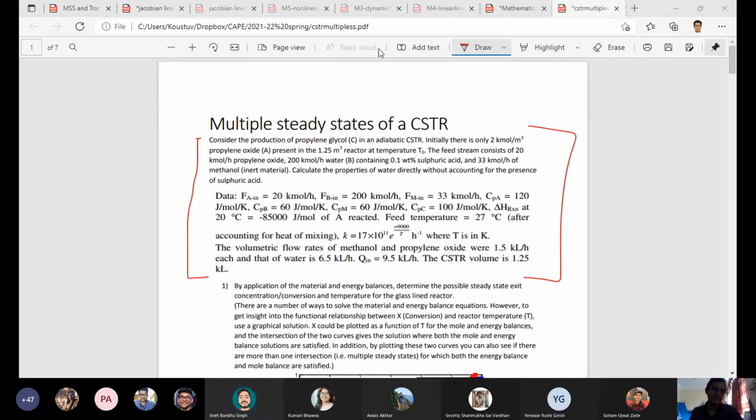Okay, go through it. I must reiterate again that it is an important topic which you should learn at this stage. I have typically seen that this concept of multiple steady states is not very clear to students. So we have invested a good amount of time, and of course there will be one assignment on this.